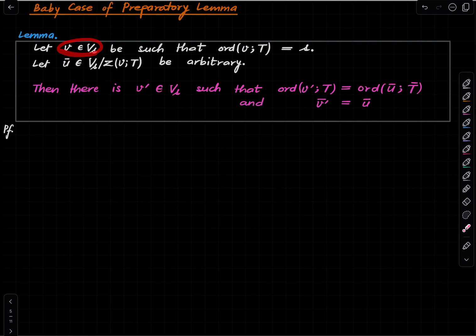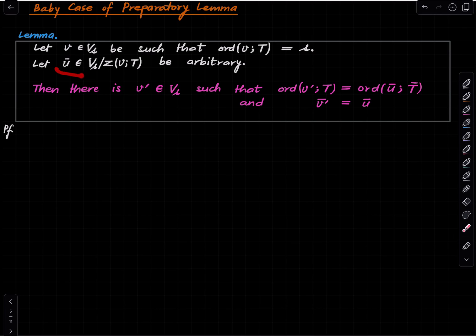Fix a generalized polyeigenvector corresponding to Px, and suppose its order is maximum possible. The order of any generalized polyeigenvector is at most S. S is the saturation exponent, so you cannot go beyond that. So suppose you have a generalized polyeigenvector with the maximum possible order, and one such thing always exists.